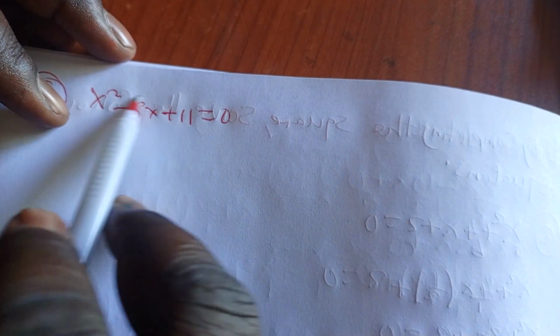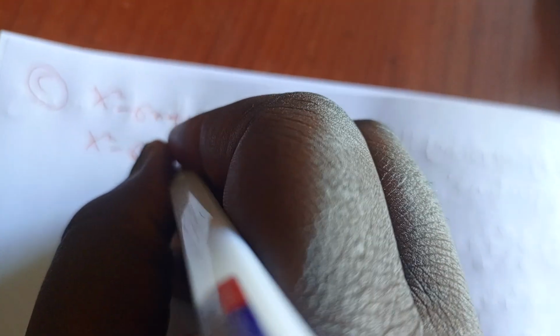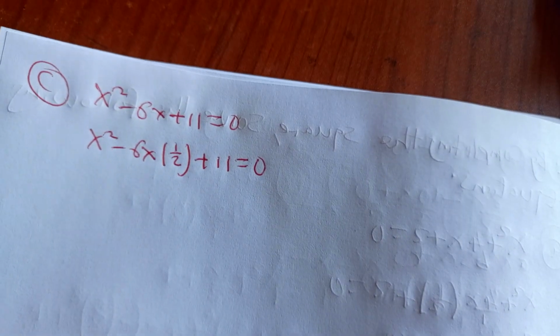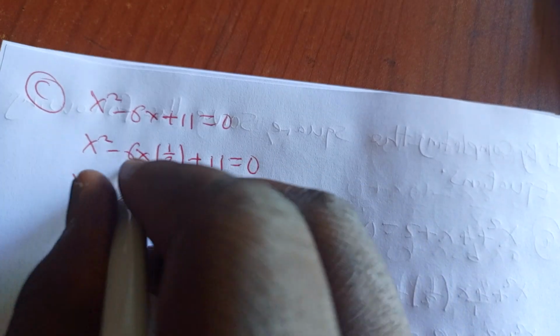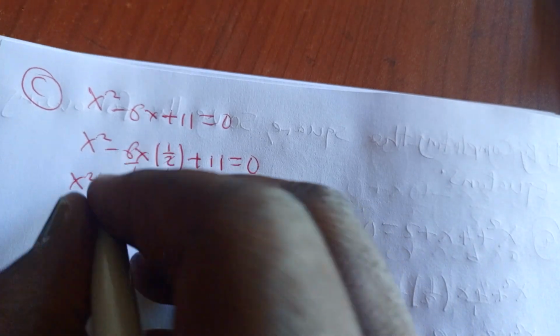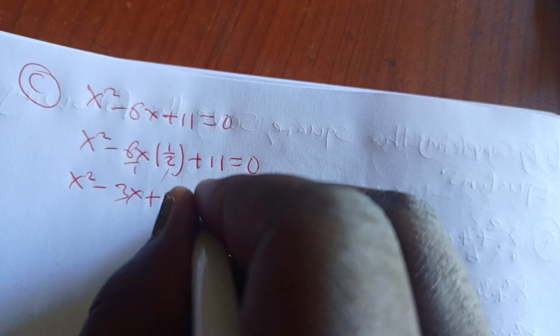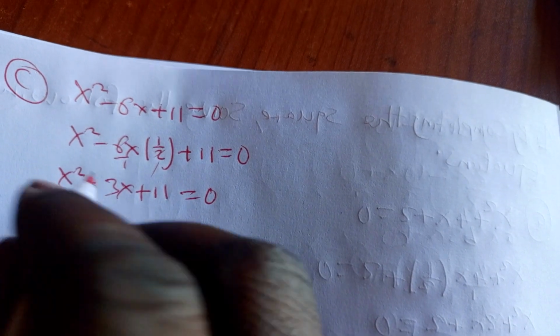So it means I'm going to multiply b by half. So I'll say x squared minus 6x multiplied by half, which is 1 over 2, plus 11 is equal to 0. So 6 over 2 is 3, so it will be x squared minus 3x plus 11 is equal to 0. Hope it's clear here.